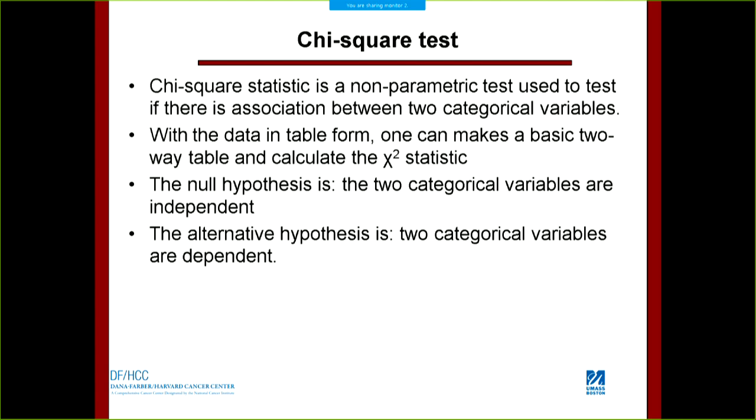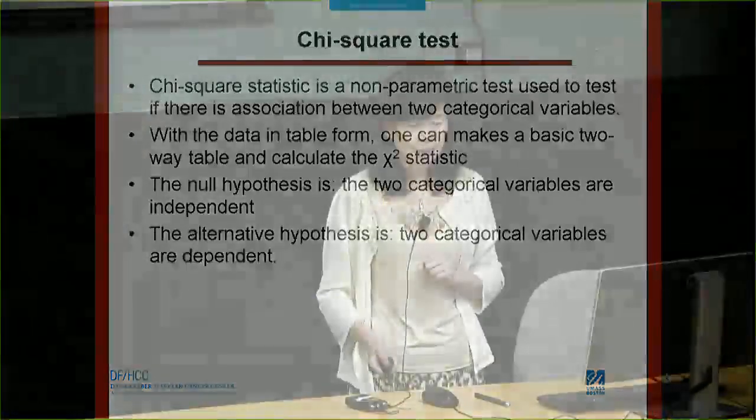But for the chi-square test, the null hypothesis is that there is no association between the two variables, which means those two variables, the column variable and the row variable, are independent. The alternative hypothesis is there is an association between the two variables.